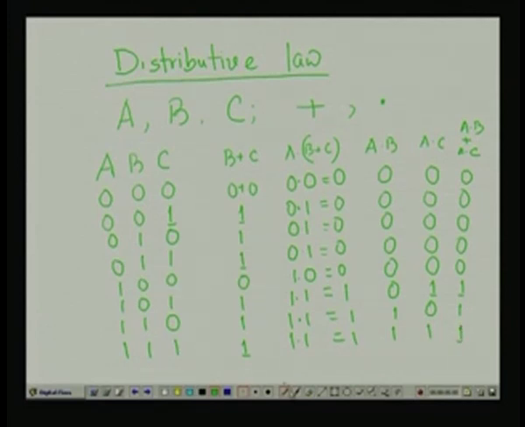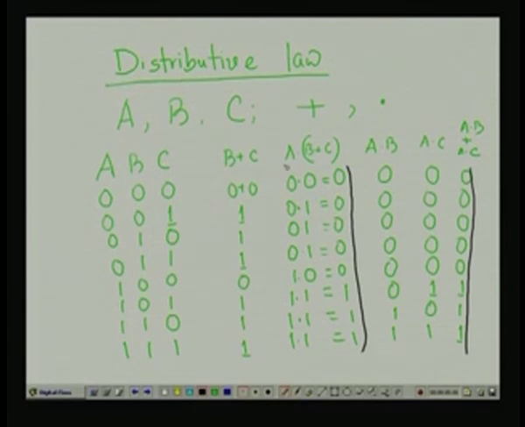Now, see that if we do the comparison, then for this A dot B plus C, there are 5 zeros and 3 ones. Similarly, from here we see 5 zeros and 3 ones.